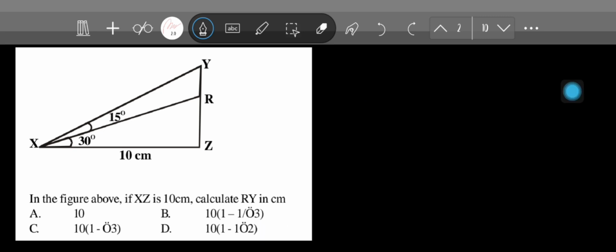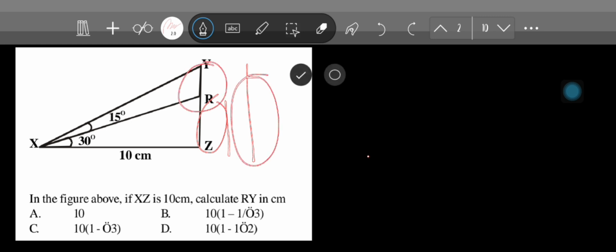All right, so we have to calculate ry. This length here is ry. But we know that if we can calculate yz, and we can calculate rz, then when we subtract rz from yz, we are going to get ry.